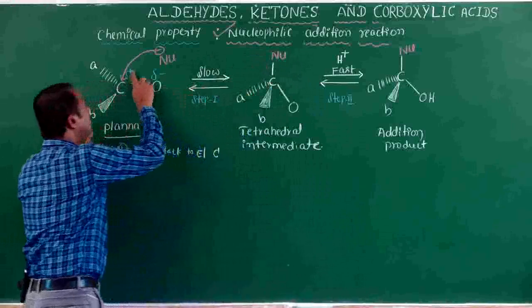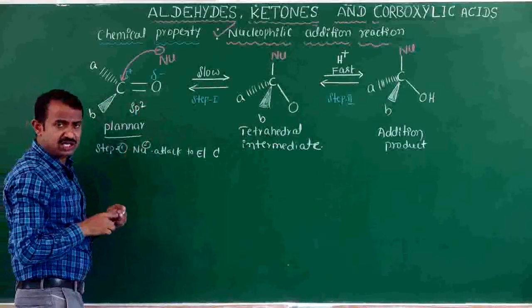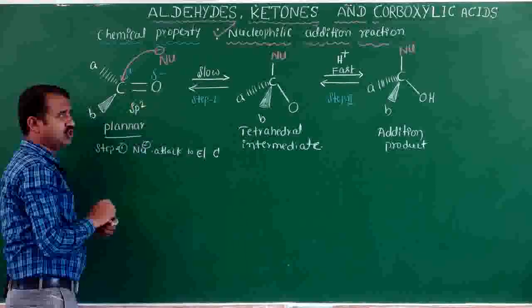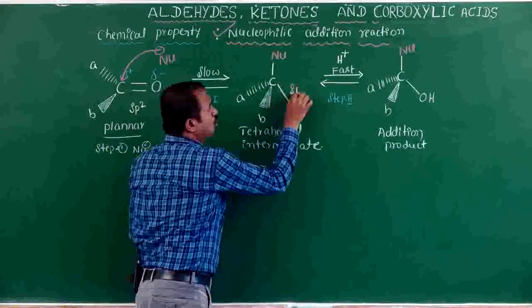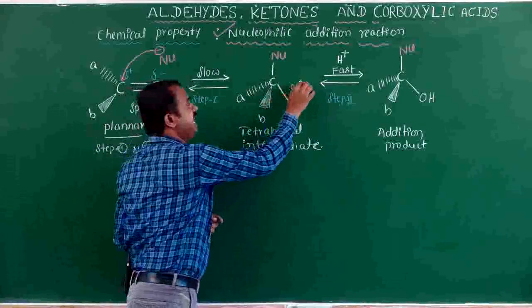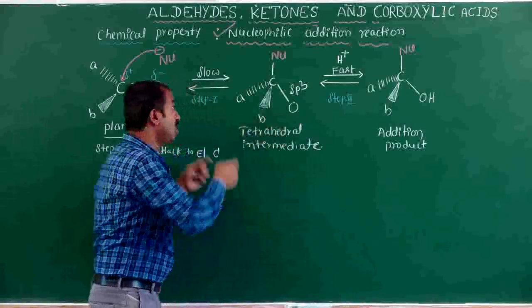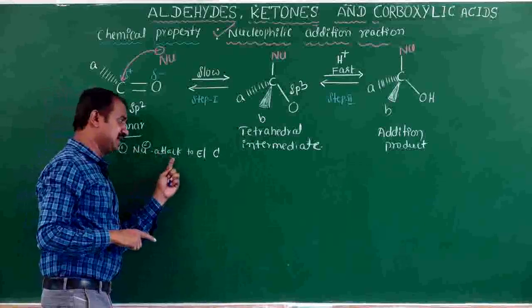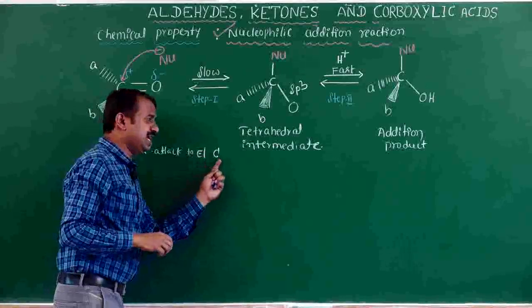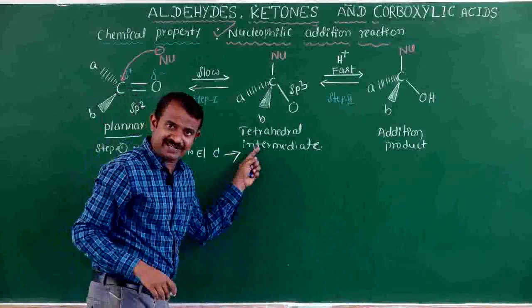Which hybridization is there in the double bond? sp2 hybridization, with pi electrons. The sp2 hybridization is converted to sp3 hybridization, tetrahedral shape. So when the nucleophile is attached to the electrophilic carbon atom, it forms a tetrahedral intermediate.